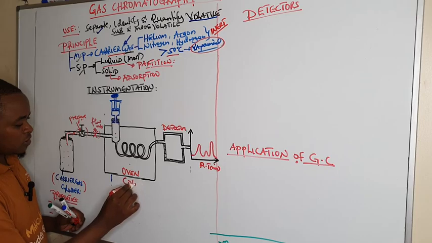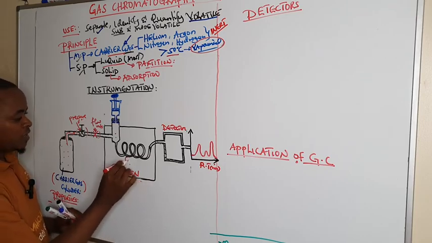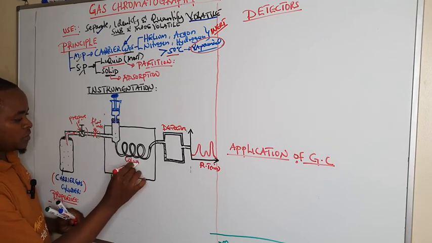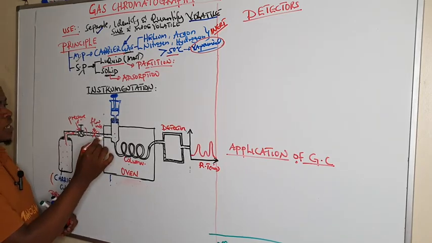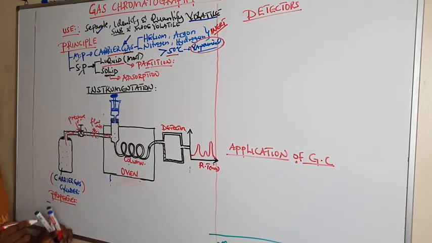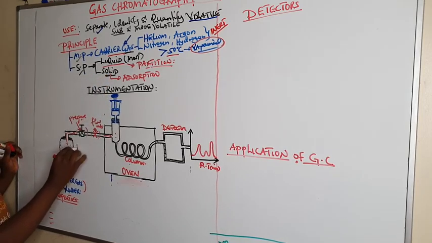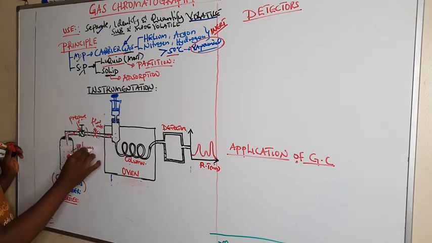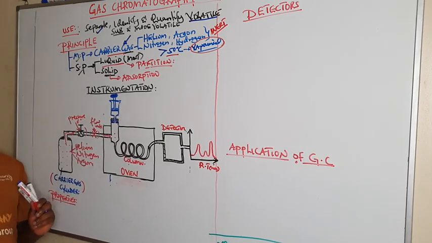This one is the column. Actually, this is the oven, then the column is this. And after being taken, this mobile phase containing these inert gases which we have listed, like helium, which is commonly used, like nitrogen, like argon, these gases, we said they are inert.